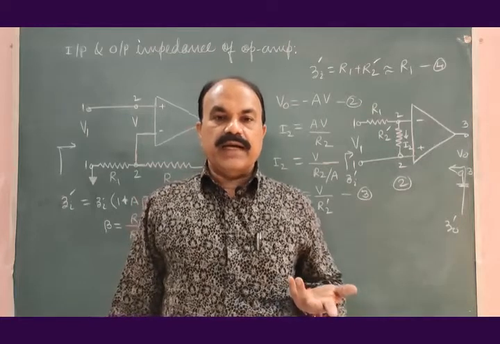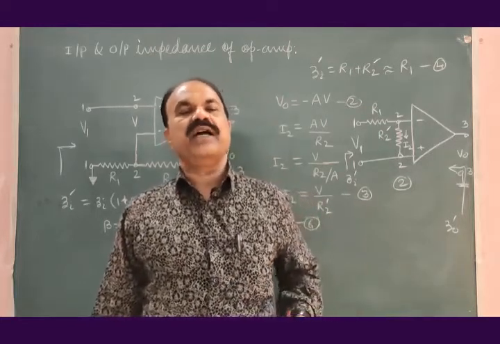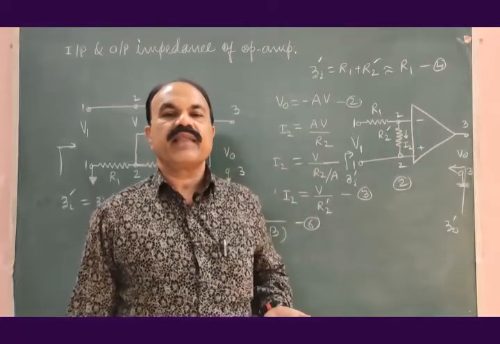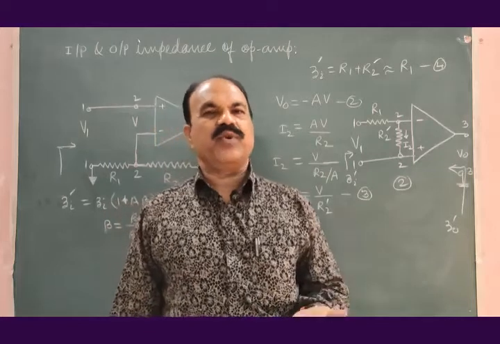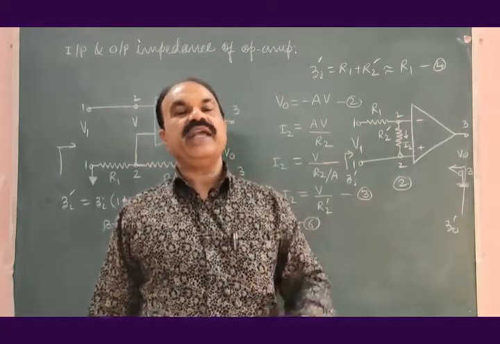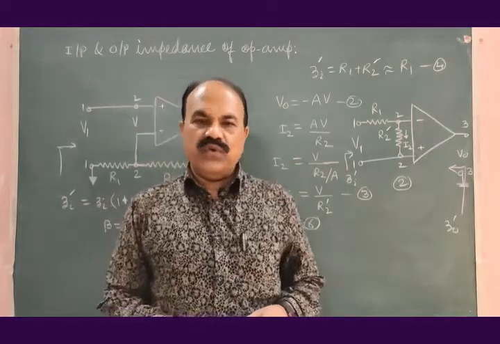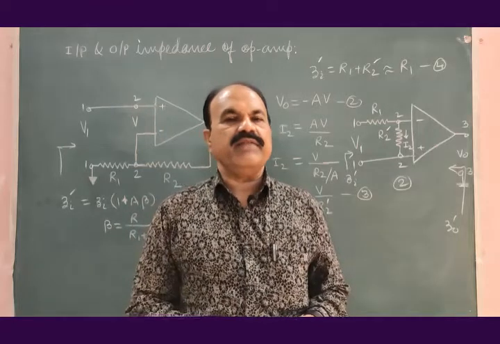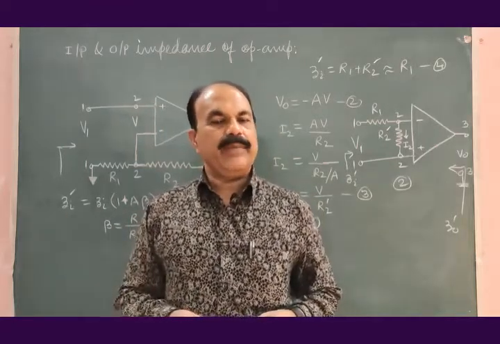So, application of series voltage feedback in operational amplifier approximates some characteristics of operational amplifier equal to the ideal characteristics, and therefore series voltage feedback is always preferred in operational amplifier.